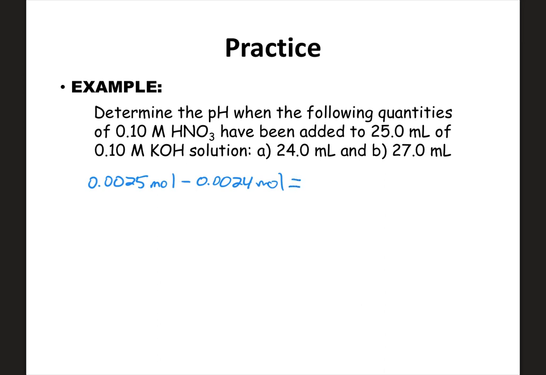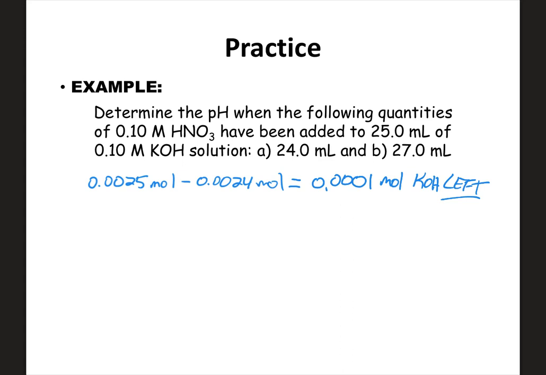So when this reaction is said and done, I have 0.0001 moles of the base, the KOH, still left over, because I didn't add enough acid yet to neutralize all of the base that was present.